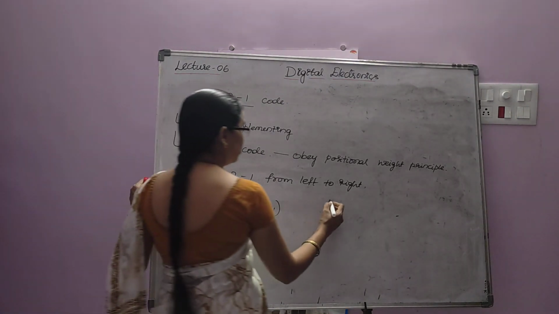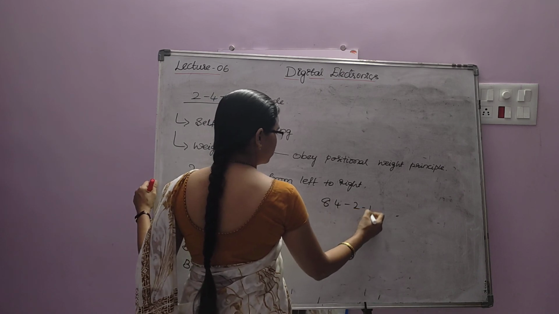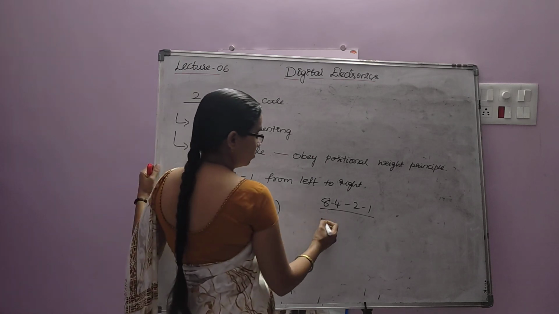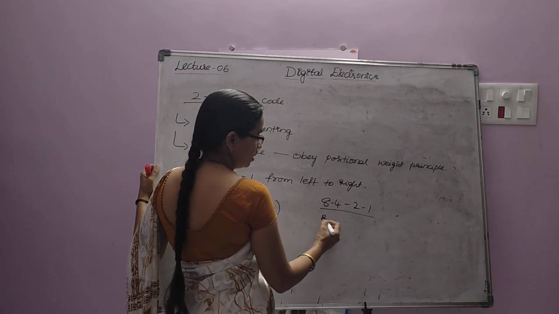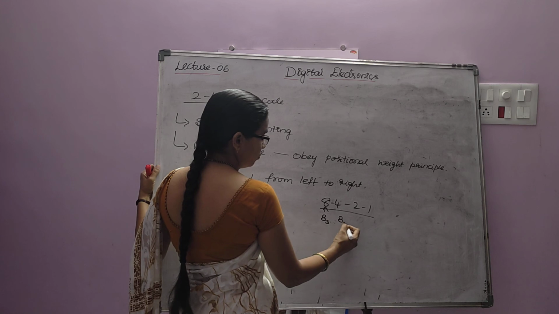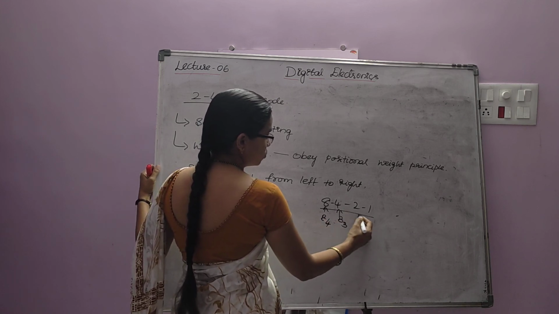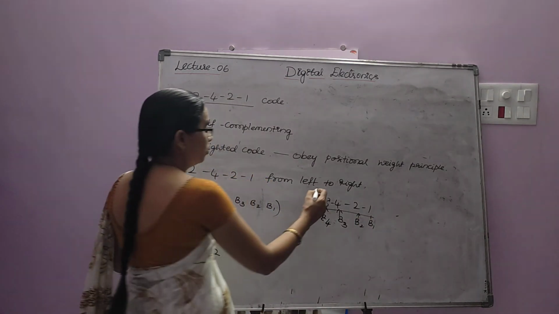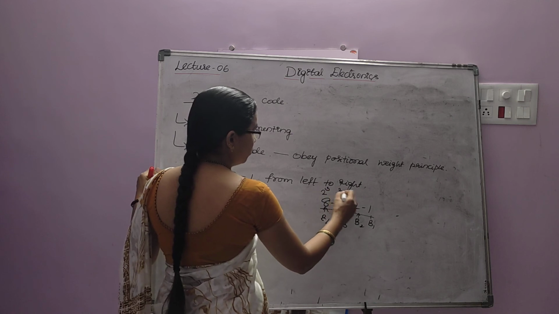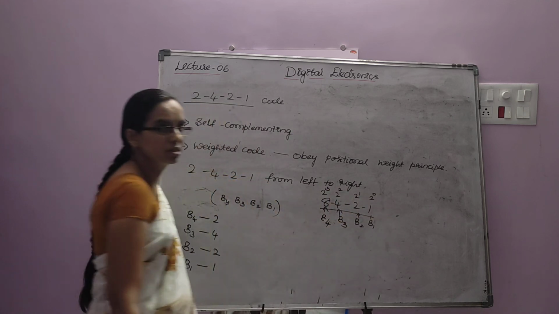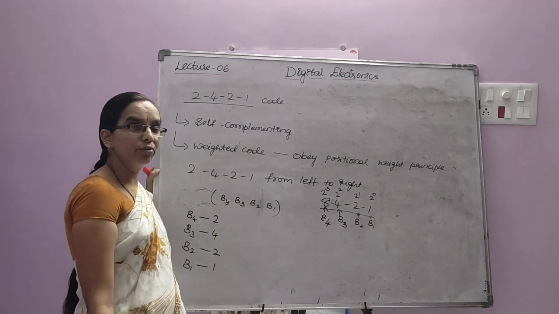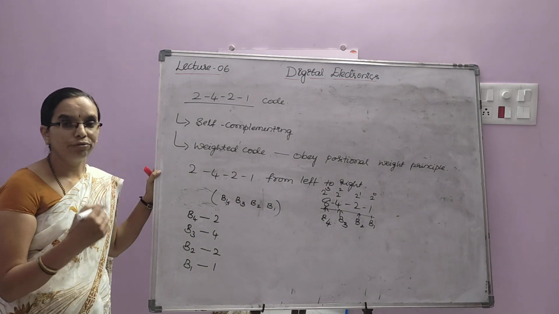In case of 8421 code, the weight associated with B4 is 8, B3 is 4, B2 is 2 and B1 is 1. That means 2 power 3, 2 power 2, 2 power 1, 2 power 0 are the weights of the 8421 code from left to right.